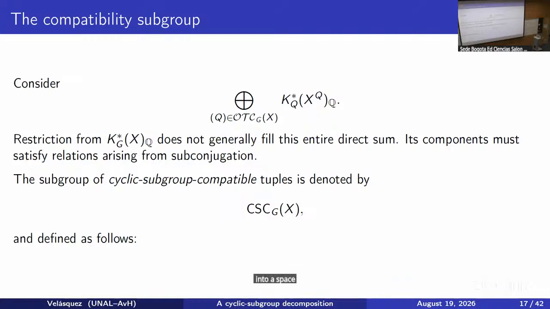The image is characterized by some compatibility condition. The subgroup that is the image of this restriction map is denoted by CSCG of X and is defined as follows.